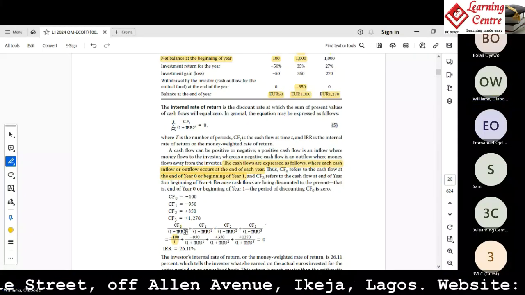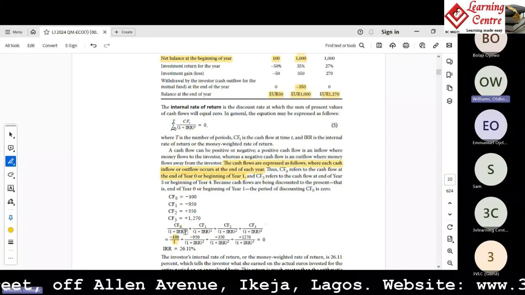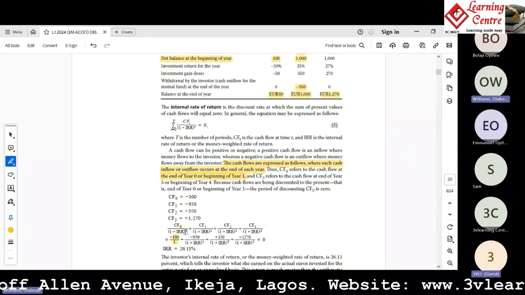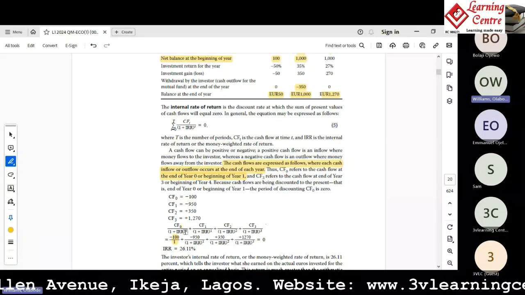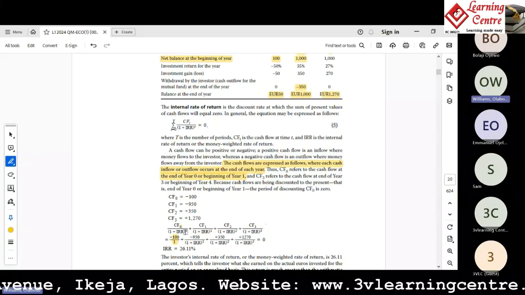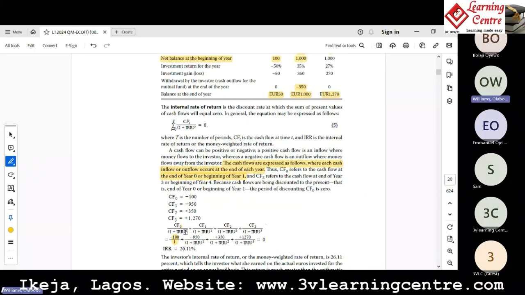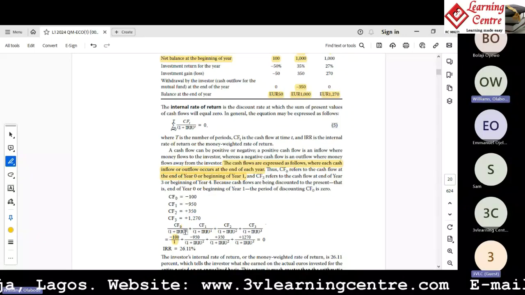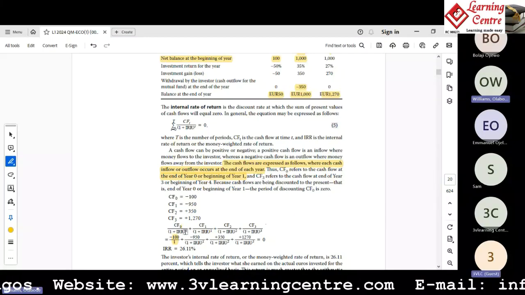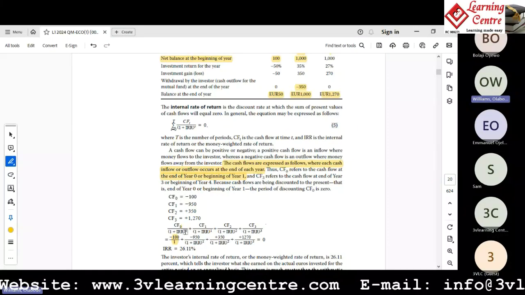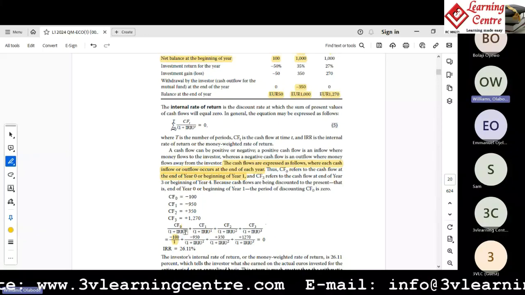Anything raised to power 0 is 1. That is why, when you see under, they simply wrote minus 100, which is the cash flow, over 1. Because 1 plus IRR raised to power 0, it doesn't matter what IRR you put, it's going to be 1. That is why you see the first one as minus 100 over 1. Is that clear?